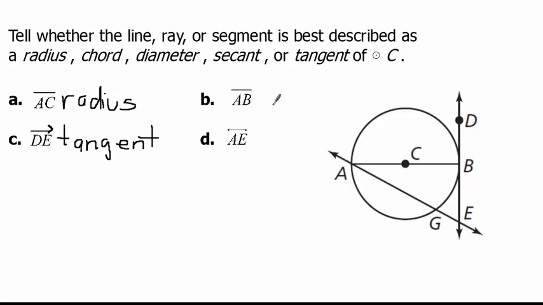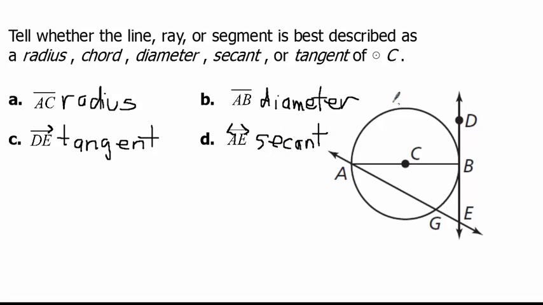AB goes through the center. It has a start and a stopping point, so that is a diameter. AC, it's important to note that it is a line, and that eliminates the idea of it being a chord, so this is going to be a secant.